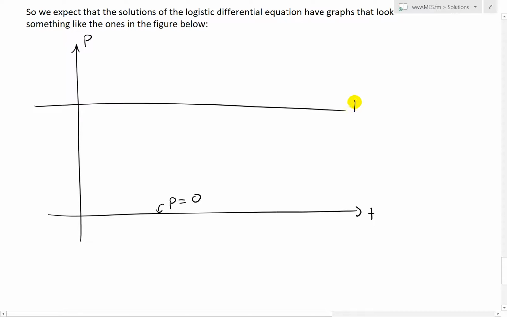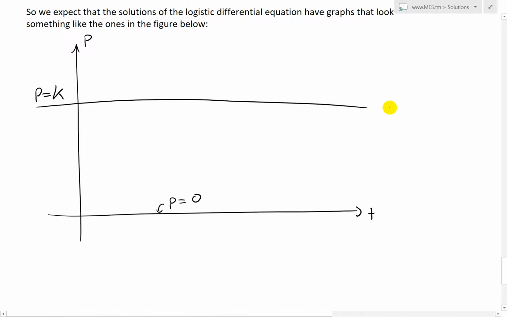This is our P equals k line, just a horizontal line. So these two curves are our equilibrium solutions.